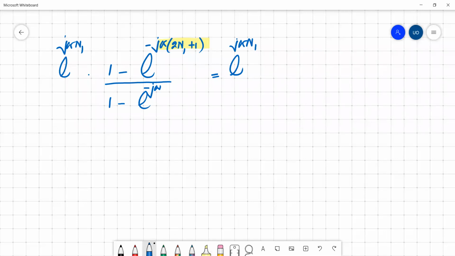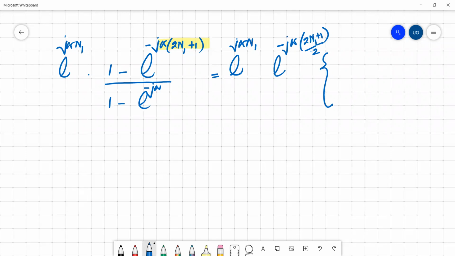Take half of this exponent and that component can be taken out. So then it's like e to the power minus j omega (2n1 plus 1) divided by 2. So this is the half. Then we have 1 here.